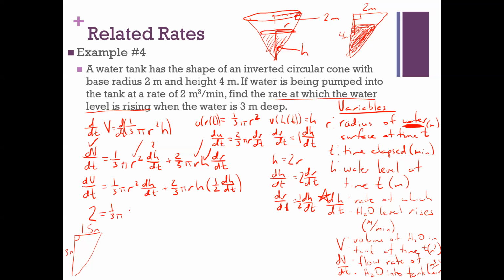Times 1/3 pi times 1.5 squared times dh/dt plus 1/3 pi times 3 times 1.5 times dh/dt.